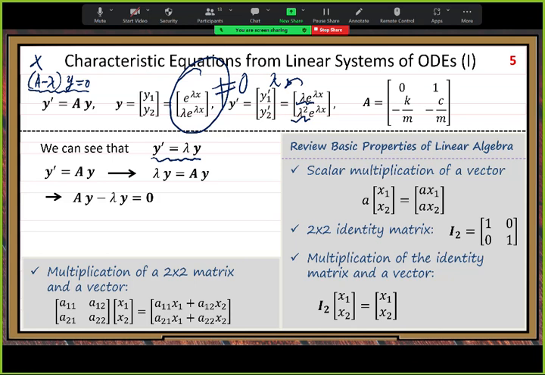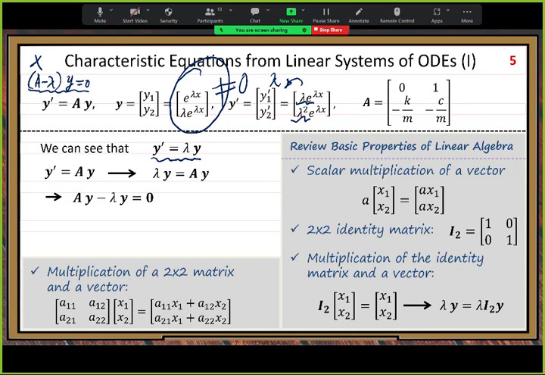That's the definition of multiplication of a matrix and a vector. So here we do that.